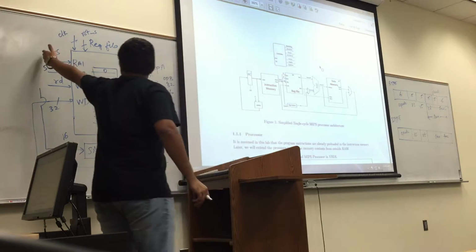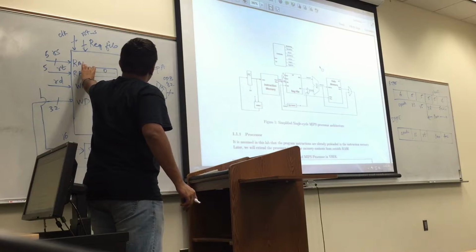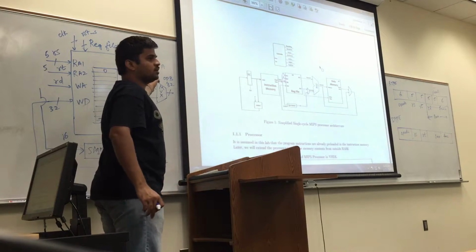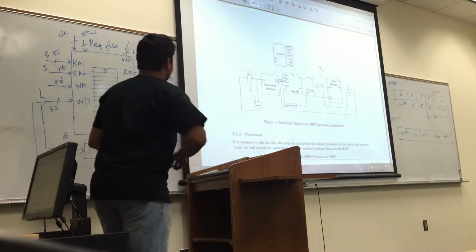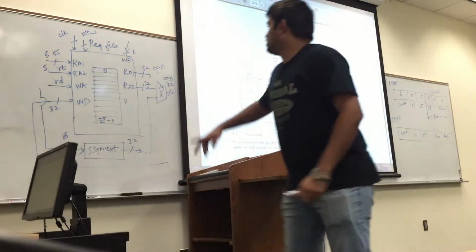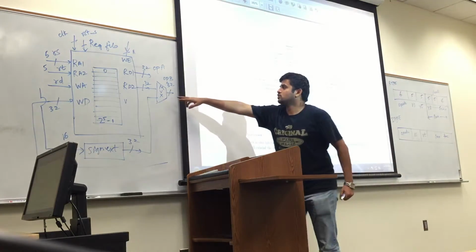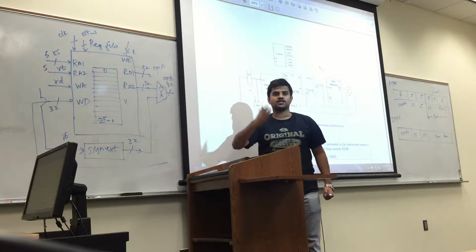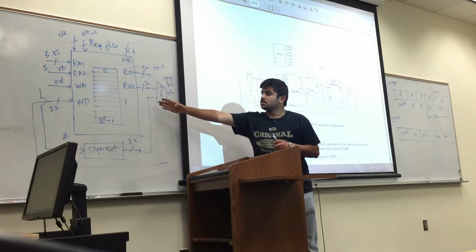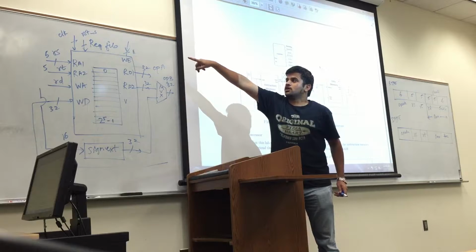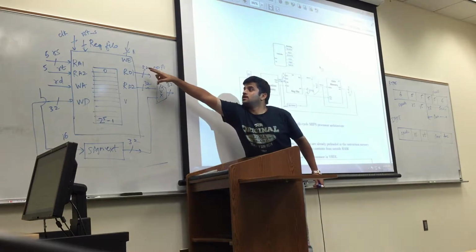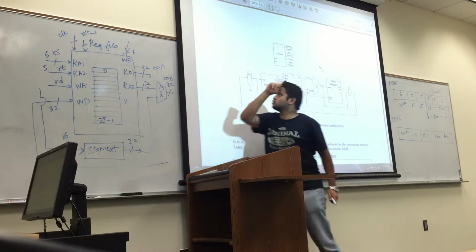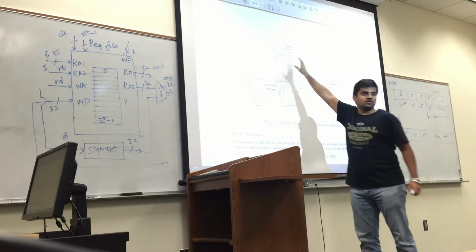So you have RS and RT which correspond to the address wherein you will be able to fetch the corresponding data out of your register file.